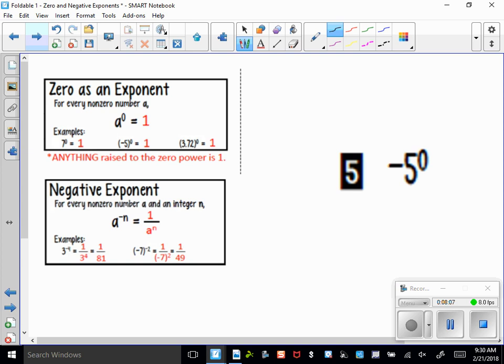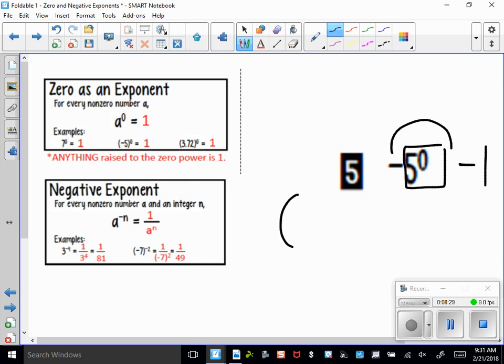Now, this one is a little tricky because the negative is not in parentheses. So really, this is only pertaining to the 5. So 5 to the 0 power is what? 1, but that negative is still there. Okay?